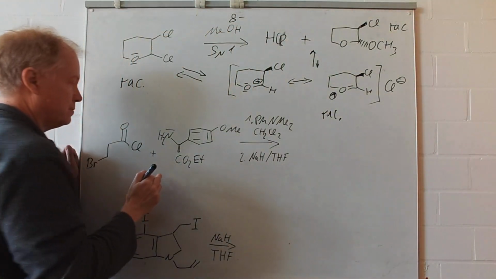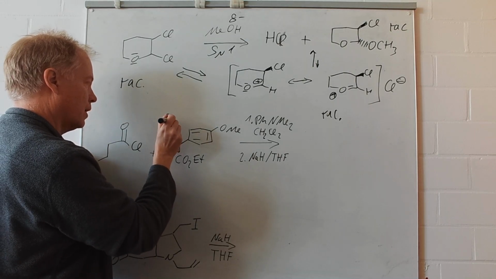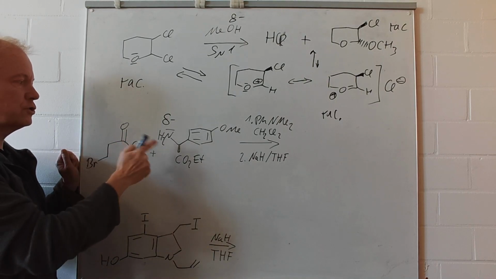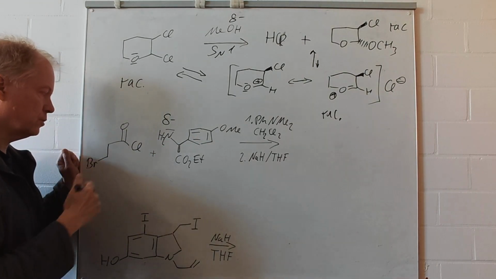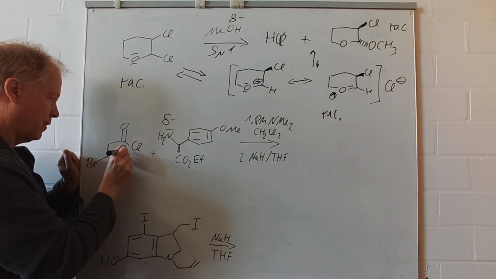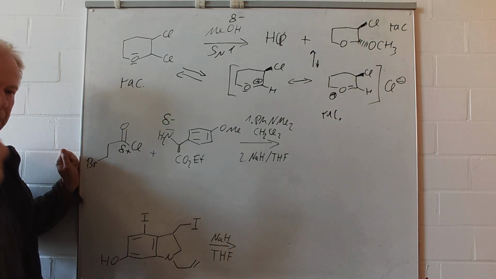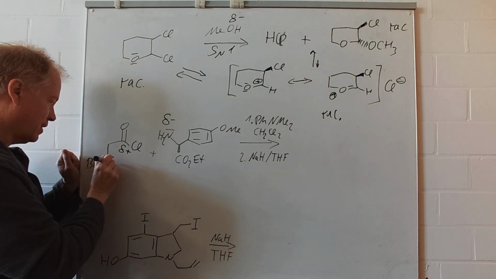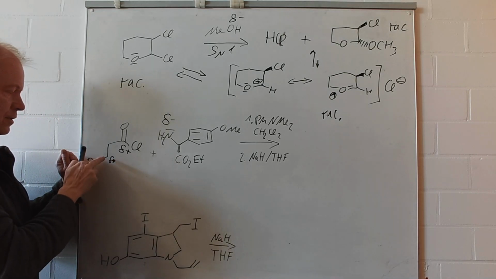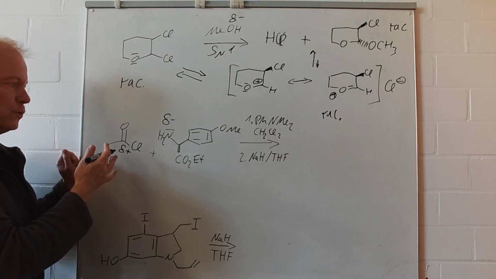We have the nitrogen with the free electron pair as the nucleophilic center. The acyl chloride is the electrophile, despite having a second, a bit less electrophilic center here. The acyl chloride will react first.